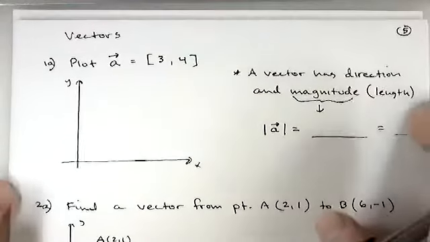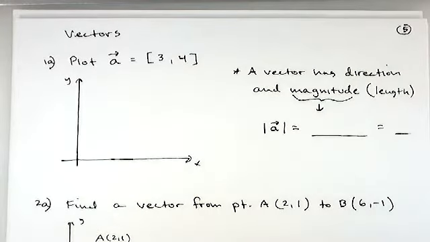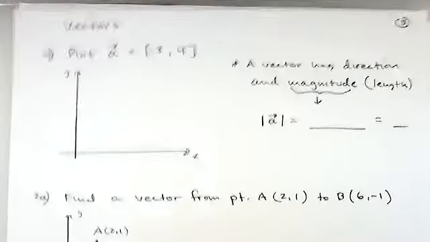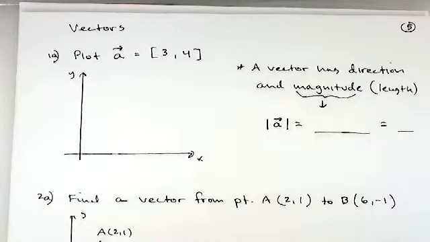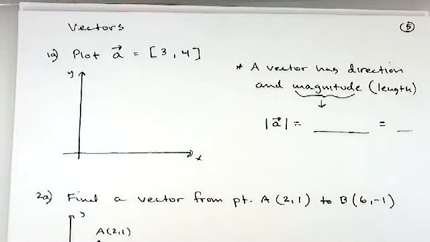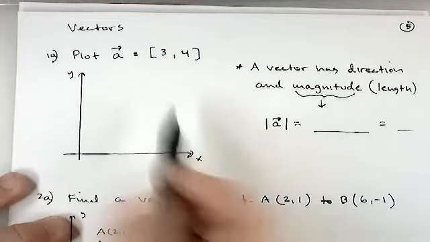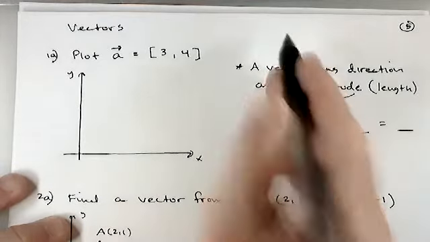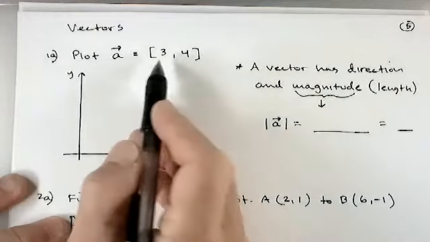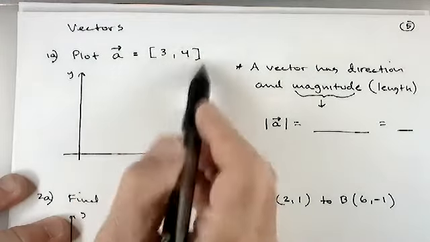If you've taken vectors before, you may be used to i, j, and k, stuff like that. But in the 17 book, because of how we're going to express vectors in 17C, it's going to look like a matrix. We're going to write our vectors with brackets like this.